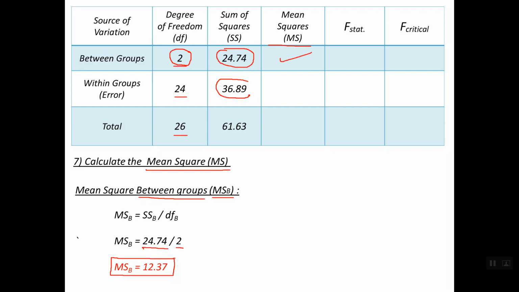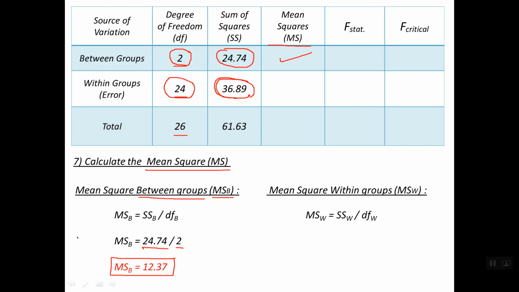So we calculated the value for MSB. Now we need to calculate the MS within groups, or sometimes it's called mean squares for the error. By the same technique, MSW, we divide the value of the sum of squares by the degree of freedom within groups. So SSW is 36.89, and the degree of freedom is 24.